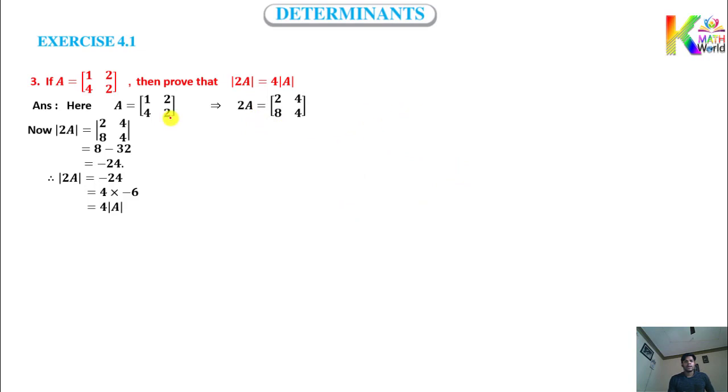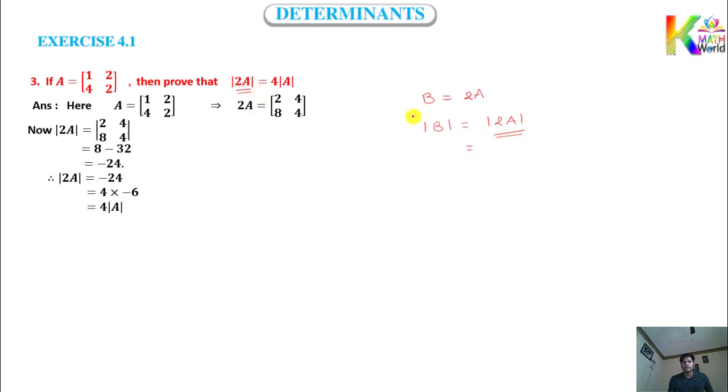Now suppose you consider B equals twice A. B equals twice A, then when you consider determinant of this, so determinant B, that will be determinant of 2A. And what is the answer of determinant of 2A you got?